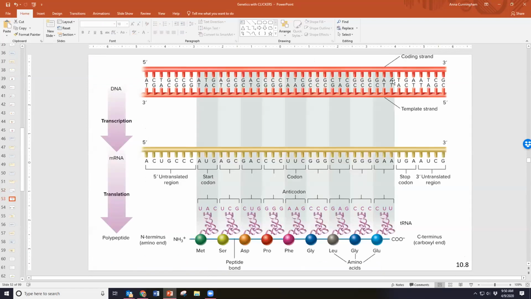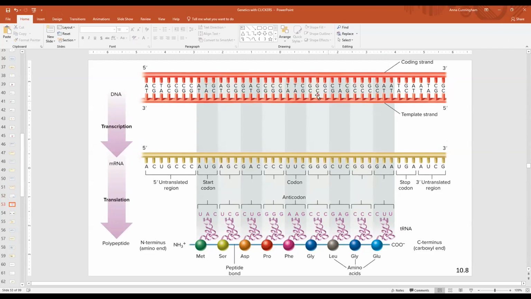Before we do that, I just want to show you this picture, which is a little bit insane, but it's good. I think everybody can still see this. What this is showing is we're going from DNA to mRNA to protein. This is showing the entire process all together.